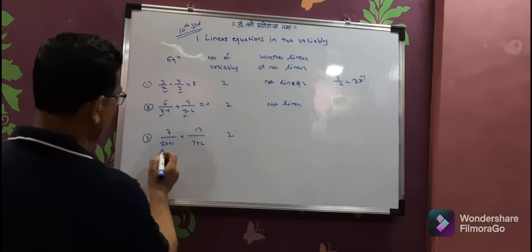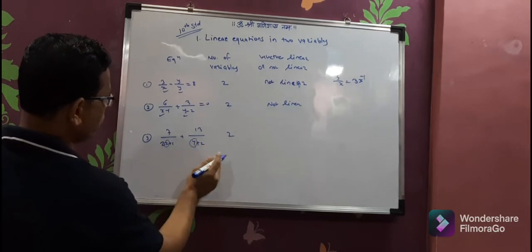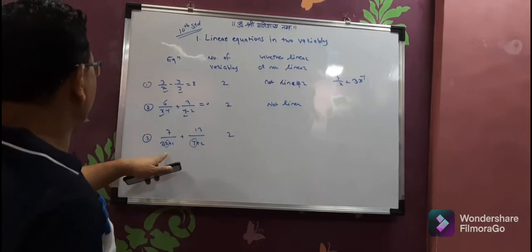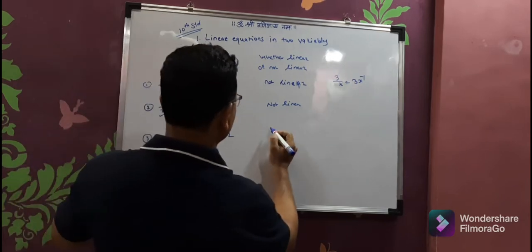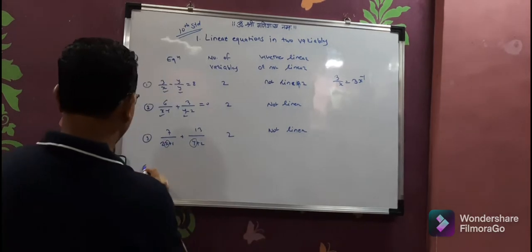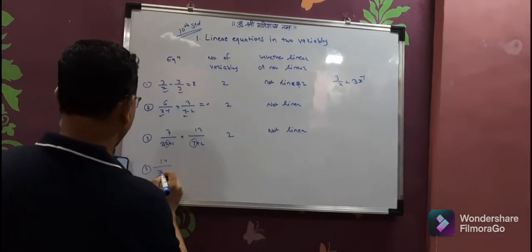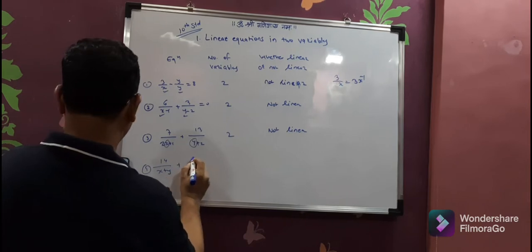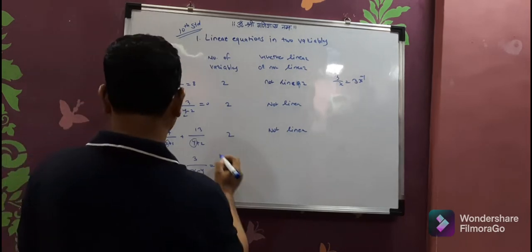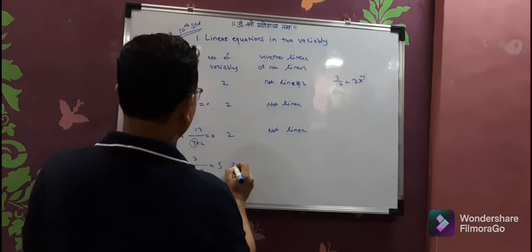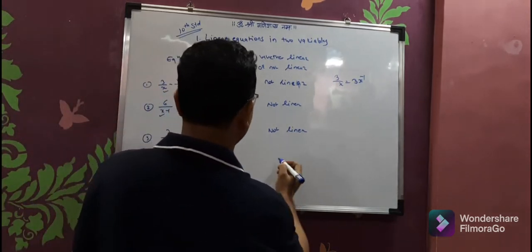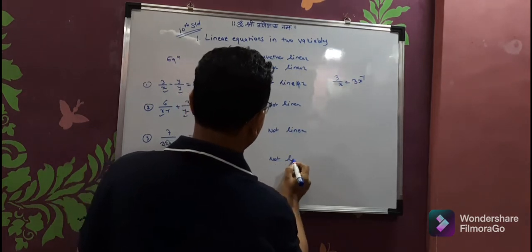The number of variables is 2, because x is there and y is there. But what is the degree? Sorry, the power of x is minus 1, so it is not linear. Then the fourth one, 14 divided by x plus y plus 3x minus y is equal to 5. Here the variables are 2, but the power of x is minus 1, so it is not linear.